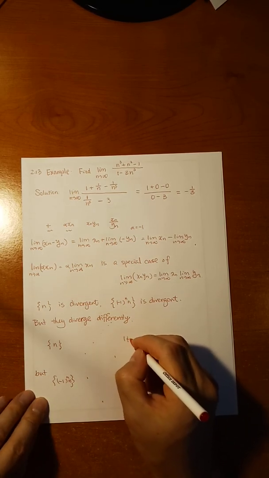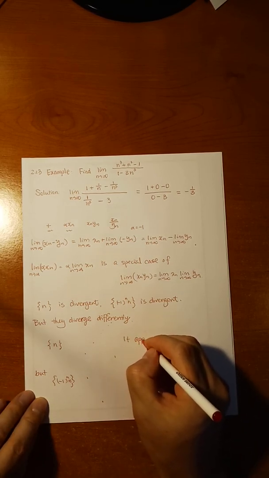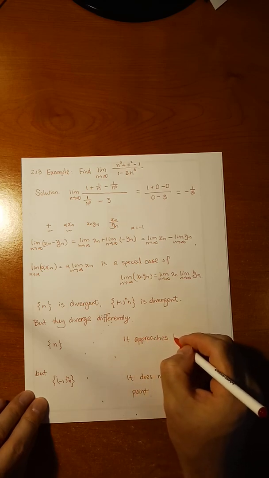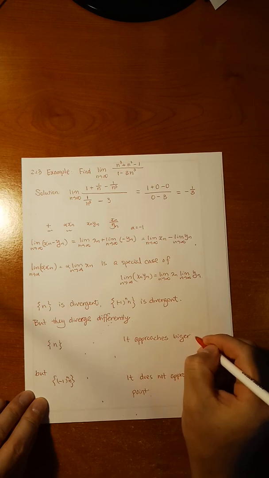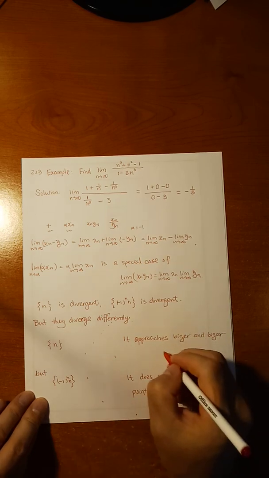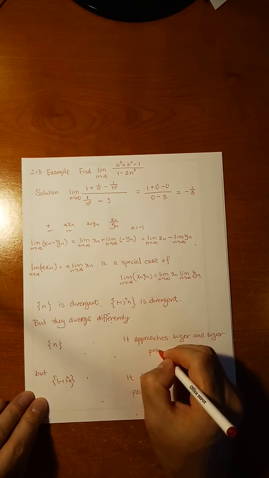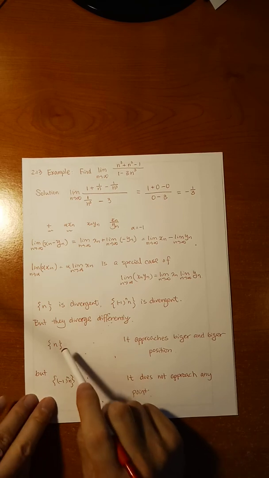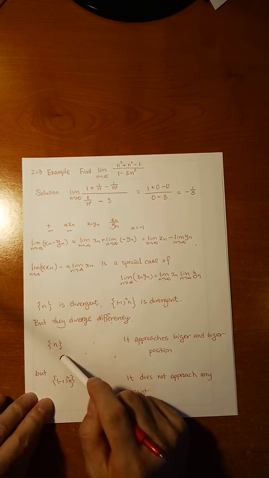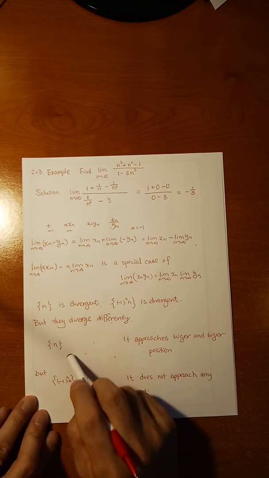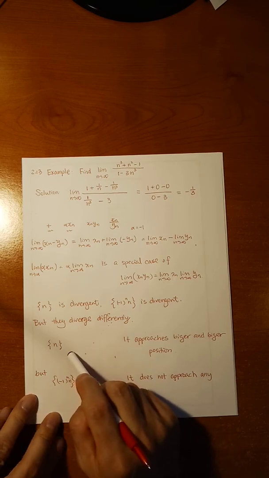Here, it approaches bigger and bigger positions. Okay? They are both divergent. Why is this divergent? Because it's not bounded. Right? Remember that a convergent sequence must be bounded. This is not bounded, so it's definitely divergent.